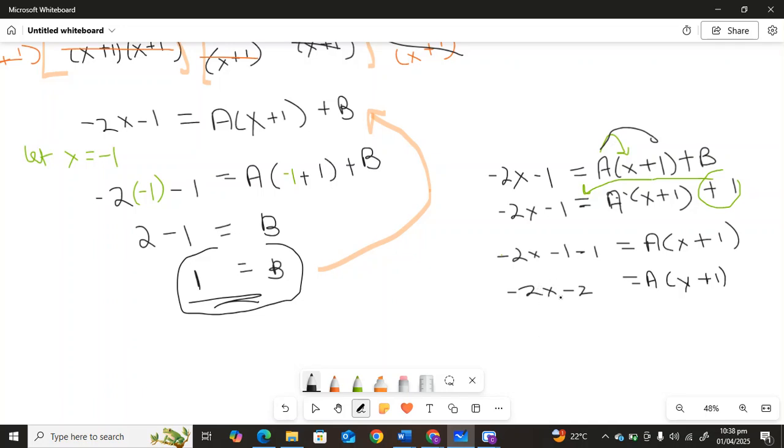Okay, we can factorize this. Our common factor is negative 2. Negative 2x divided by 2, you get x.